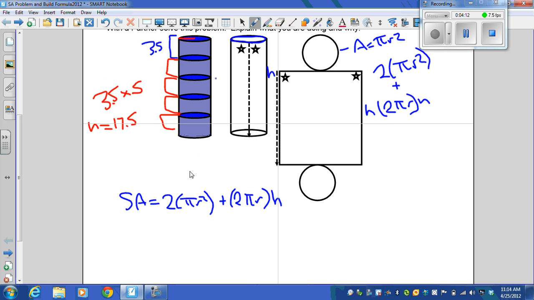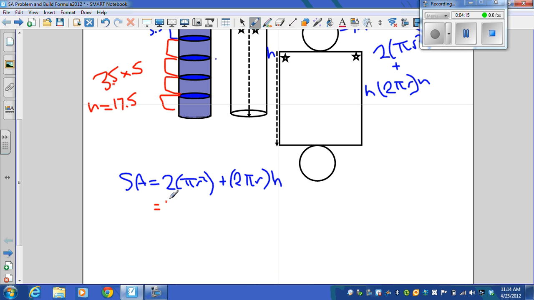Now that I figured that one out, I can plug it in. So it equals 2 times 3.14 times 3.5 squared, plus 2 times 3.14 times the radius, 3.5, times the height, which is 17.5.